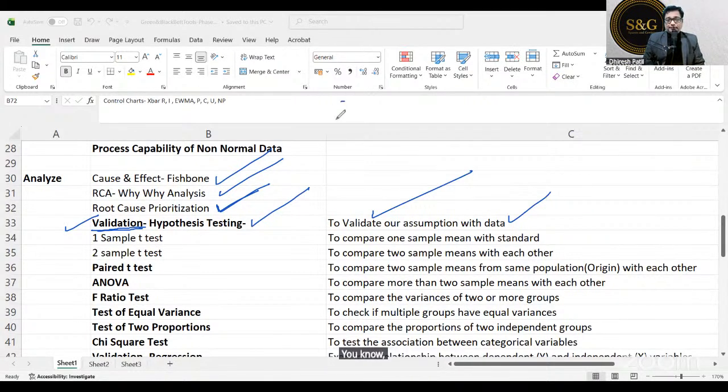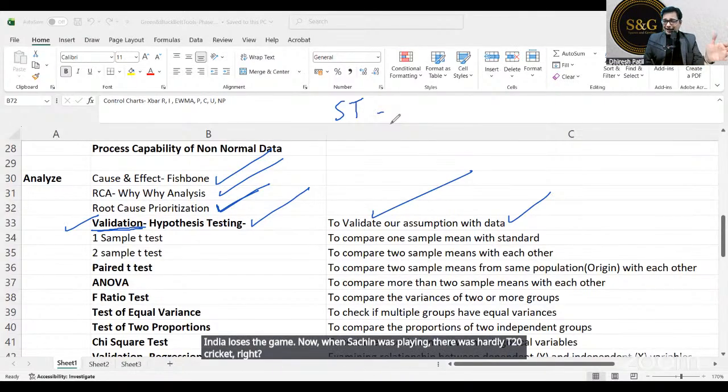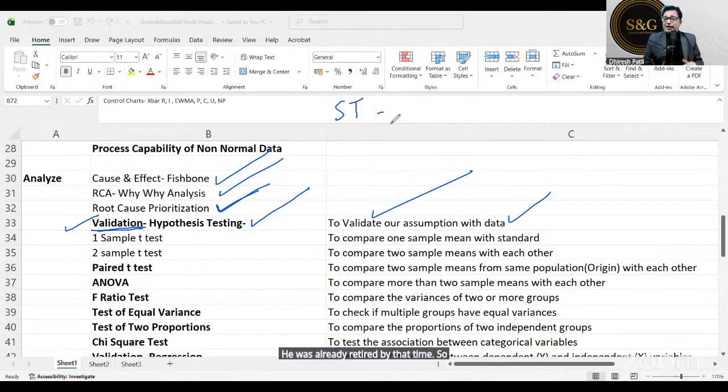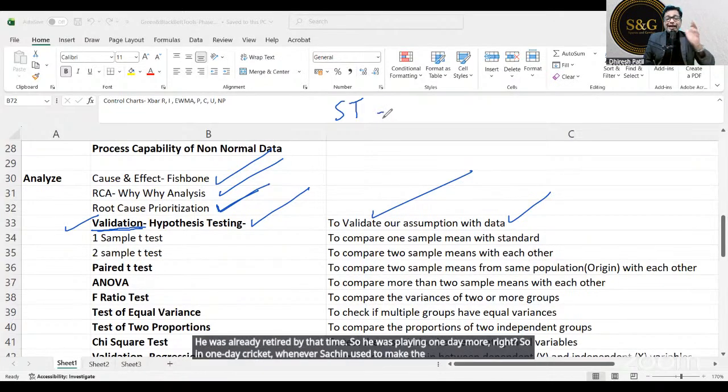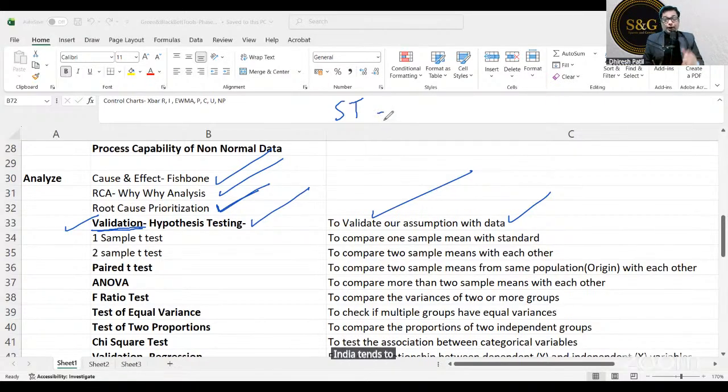Sachin Tendulkar. There was a saying in the early years, whenever Sachin Tendulkar makes a century, India loses the game. Now, when Sachin was playing, there was hardly any T20 cricket, right? He was already retired by that time. So he was playing more one-day cricket. In one-day cricket, whenever Sachin used to make a century, India tended to lose the matches.